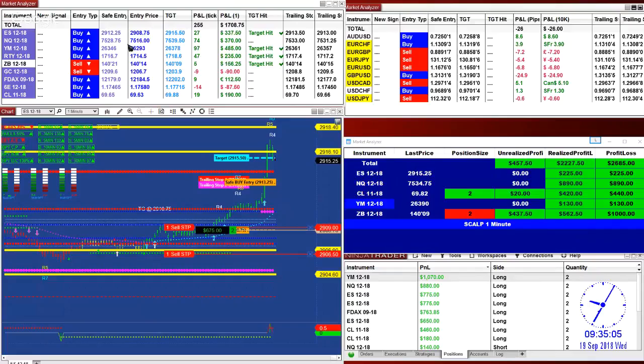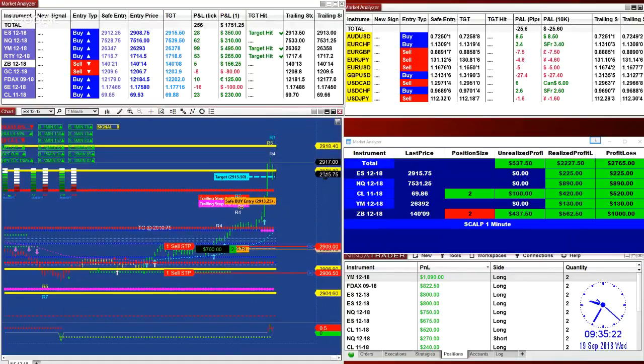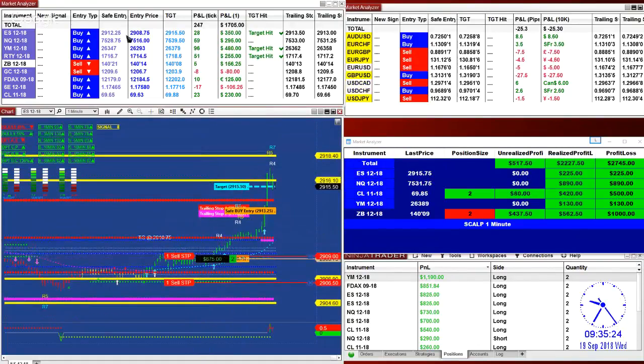The same story on the NASDAQ. Right now, on the last signal here, we have 27 ticks. The market analyzer is based on one contract only and a 1 minute chart. The chart is based on two contracts, but the market analyzer is based on 1 minute and one contract.